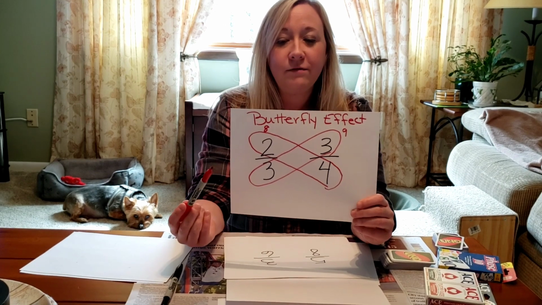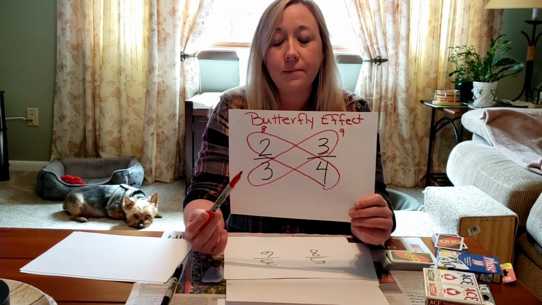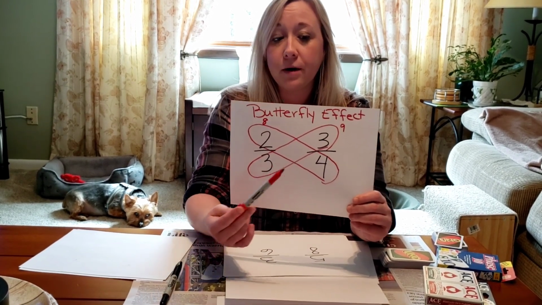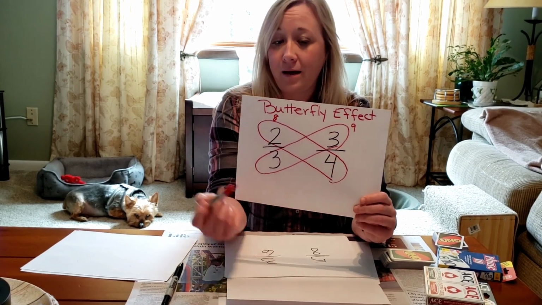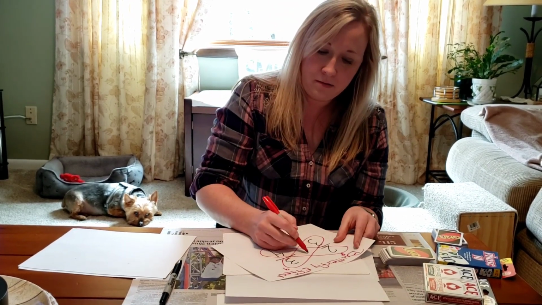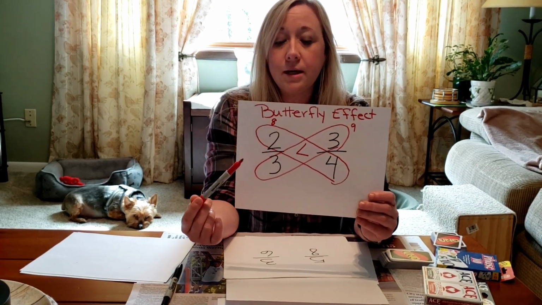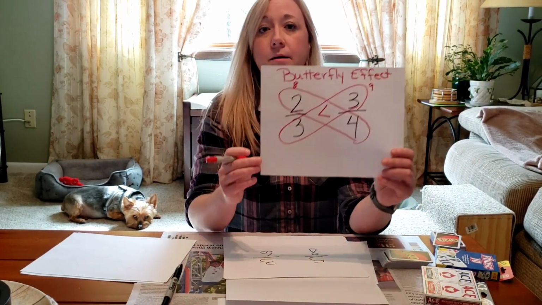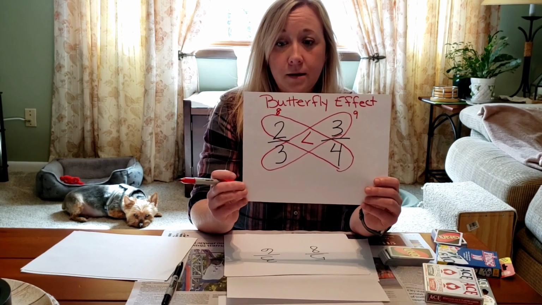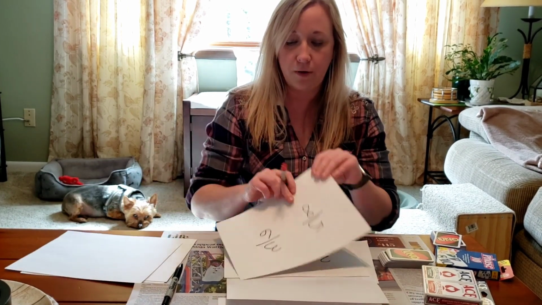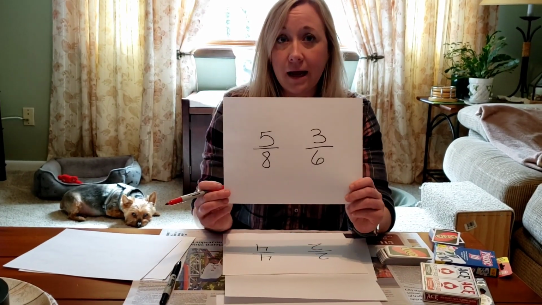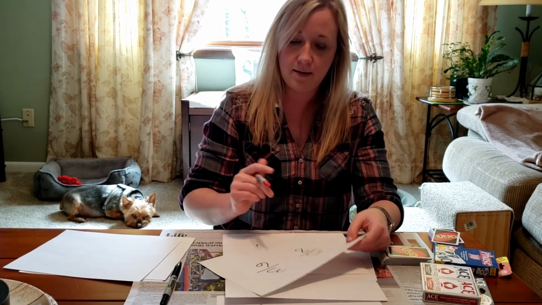So now I can figure out which fraction is greater because the alligator wants to eat the bigger number. He's going to eat the 9. So that shows me 2/3 is less than 3/4. So here's another example for you. I have 5/8 and I have 3/6.